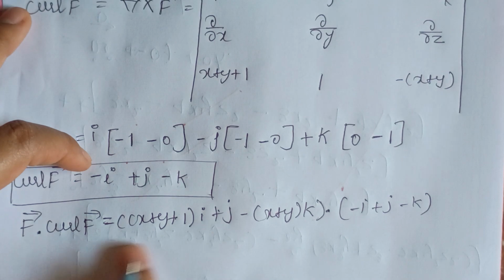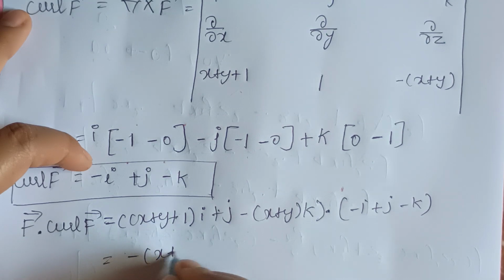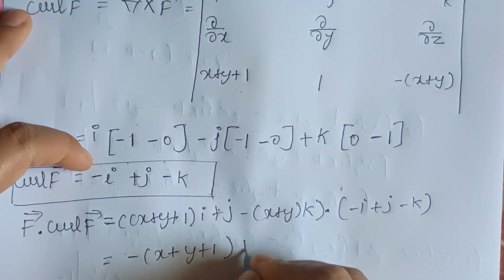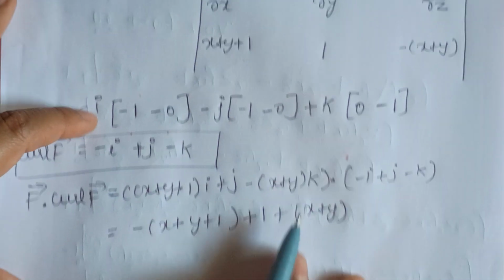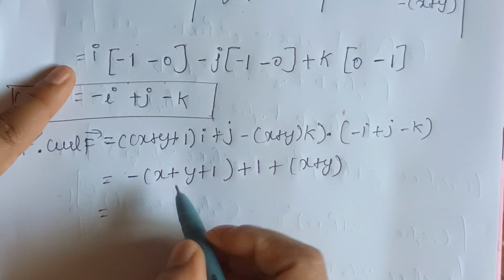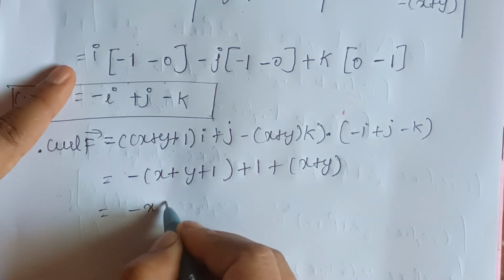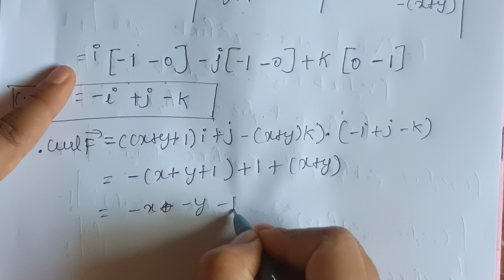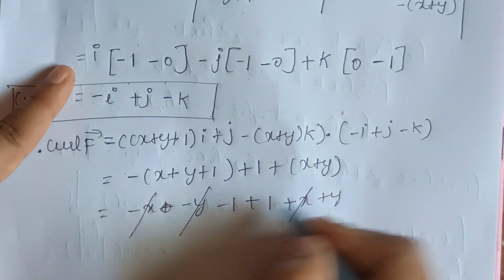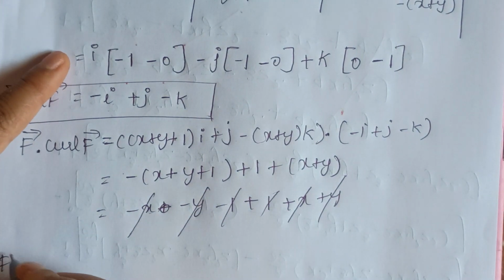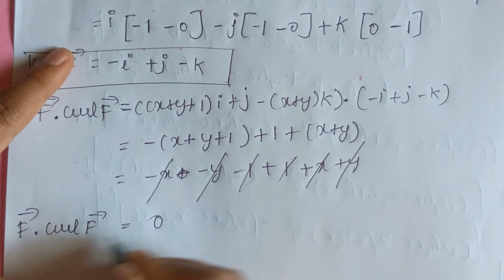So it's going to be minus (x plus y plus 1) plus 1 plus (x plus y). Removing the brackets: minus x minus y minus 1 plus 1 plus x plus y. So minus x plus x, minus y plus y, minus 1 plus 1. So vector f dot curl vector f is equal to 0.